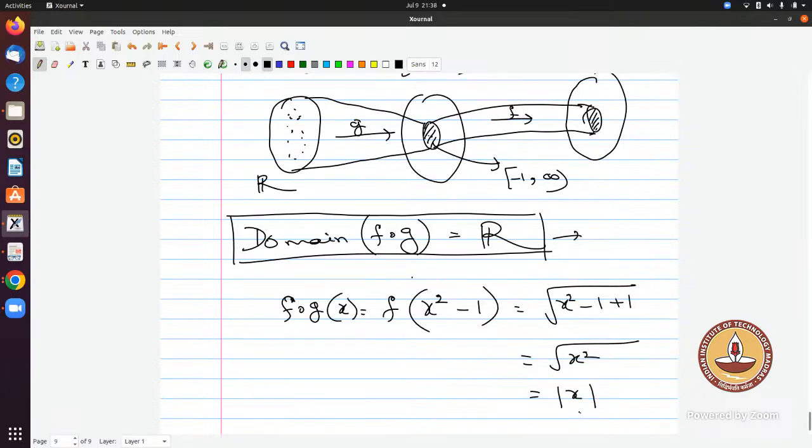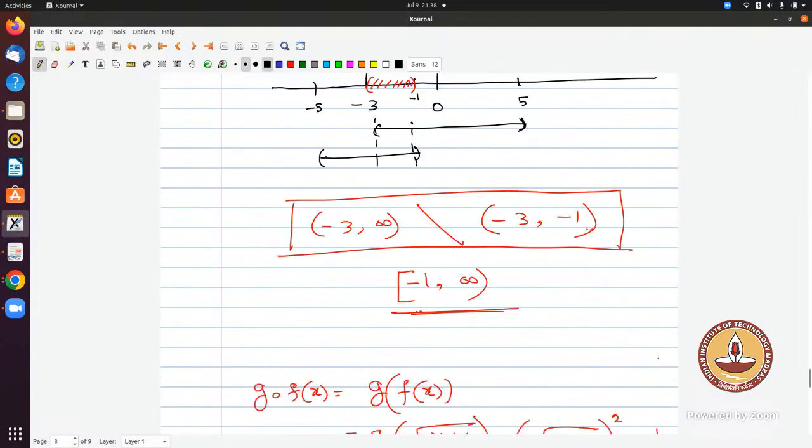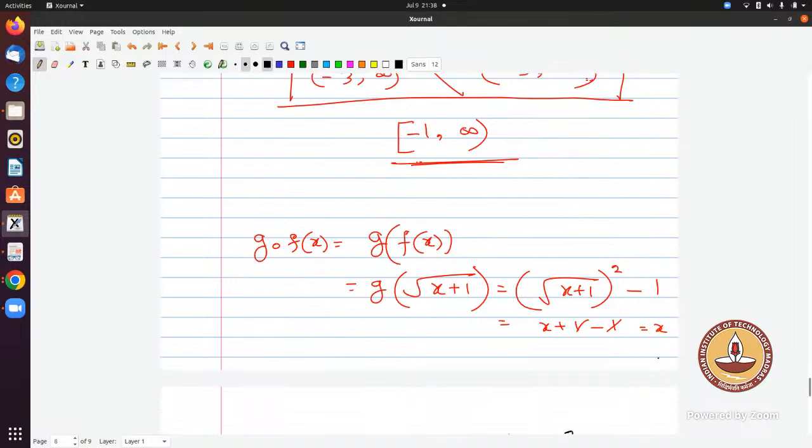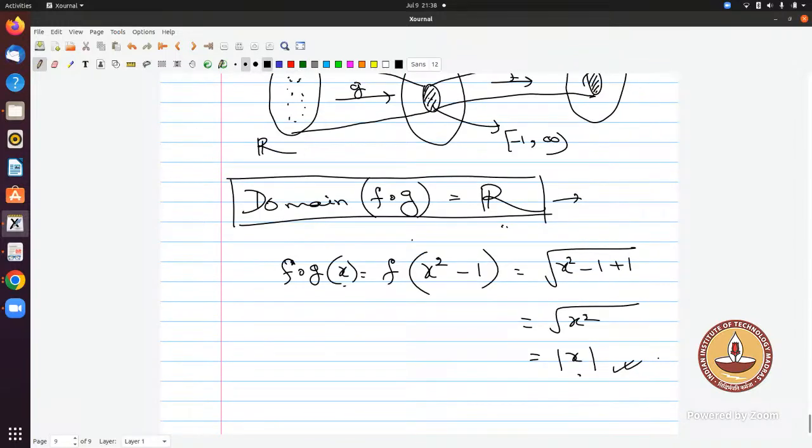Why is mod x coming here? Because I am starting from R, anything from R, so negative numbers are also there. So mod x is important here, not only x. So f compose g is mod x here, but g compose f was x. Is it clear to everyone? Yes, sir. Okay, great.